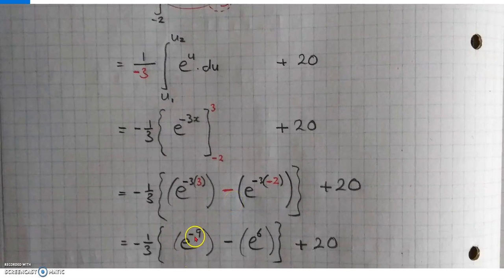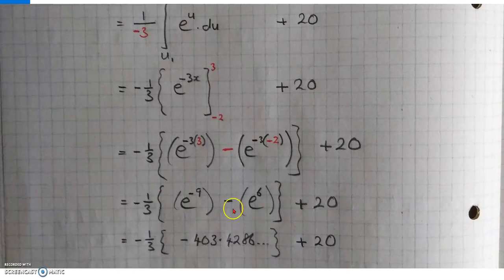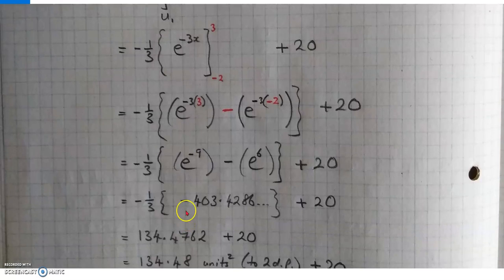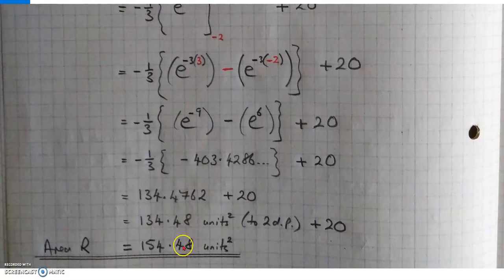I get e to the power of minus 9, take away e to the power of positive 6, and all that is multiplied by this minus 1/3. And when I do that, the brackets become minus 403 point blah blah blah, and that minus 403 is going to multiply with this minus 1/3 to become positive. And when we add the 20, we get a final answer of 154.48 units squared to 2 decimal places.